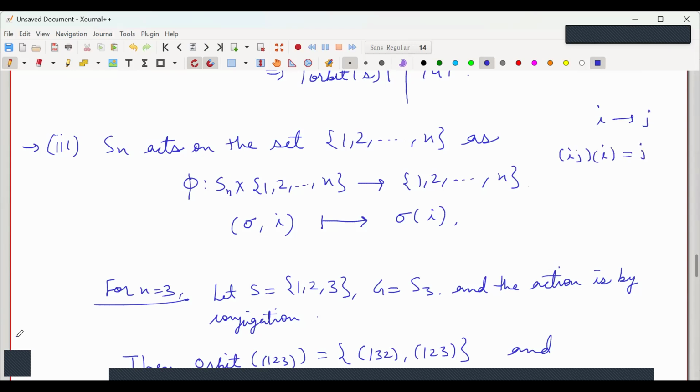So you start with any two indices, there is a permutation which maps the first index to the second index. So this action is also transitive. Here, even the set we started with is not a group, it's just a set. That is the definition of transitive actions.